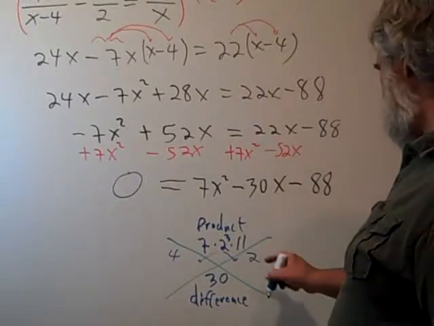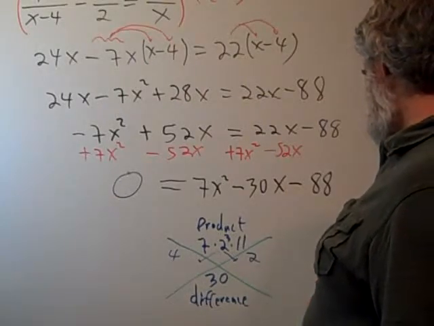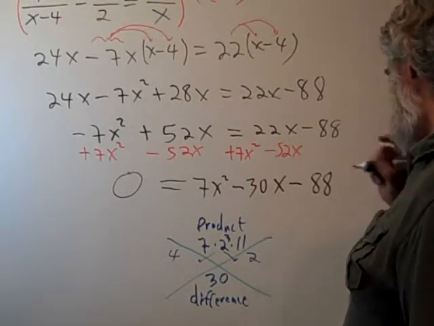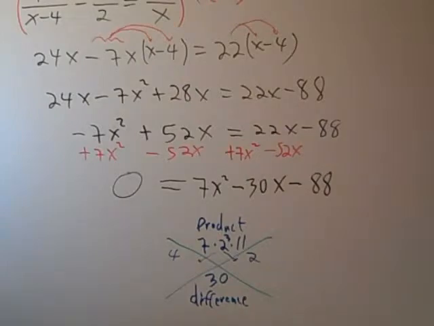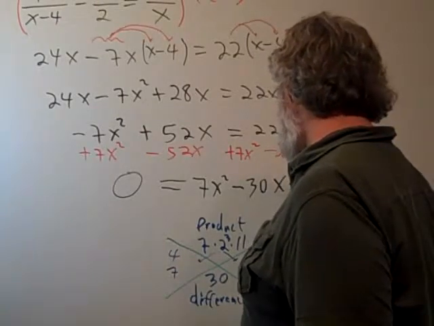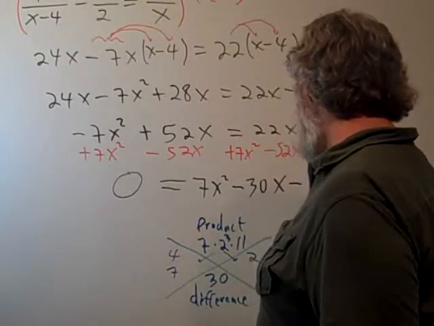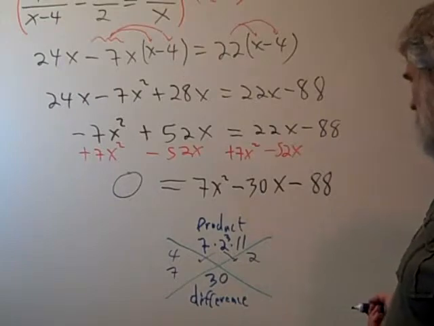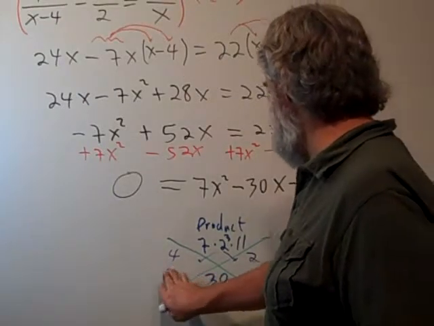Let's see. Is this possible even? If we put the 7 over here, 7 times 4 is 28, and then 11 times 2 is 22, the difference of 8, so that's not going to work.